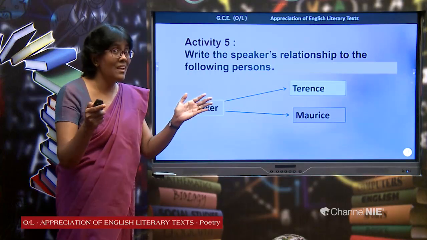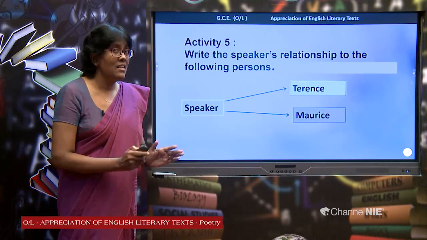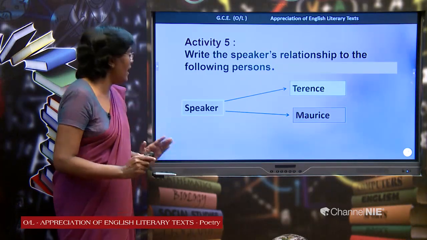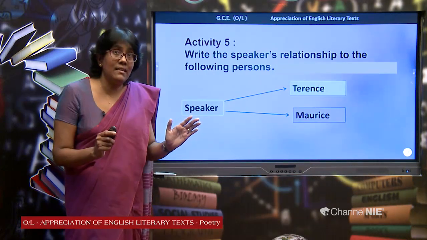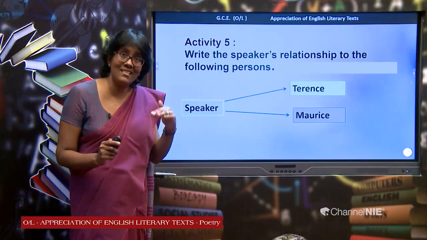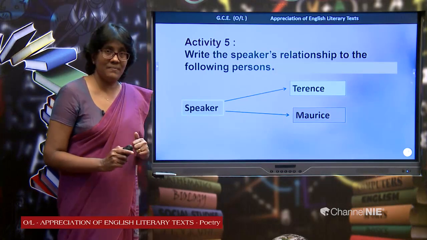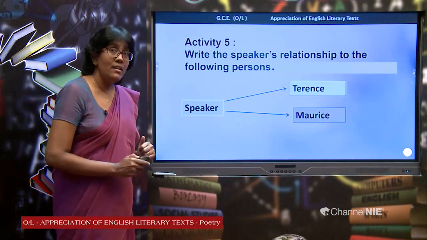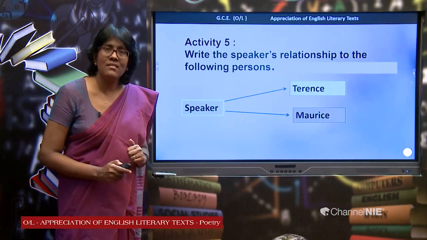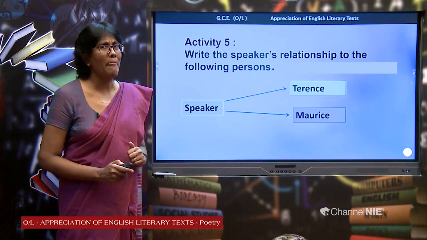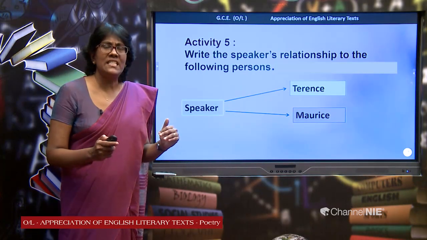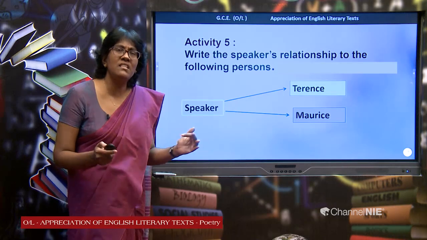There are some lines to support that answer. For the moment, keep this in your mind. Speaker addresses Terence as one of his friends. Right? Then Morris. Who is Morris? Morris is his own, the speaker's brother.